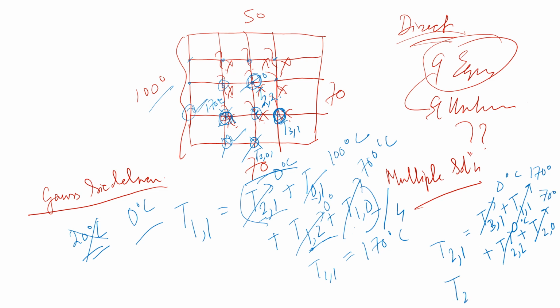So if we sum up, T11 will be 170 by 4. So here also we have to use 170 by 4.